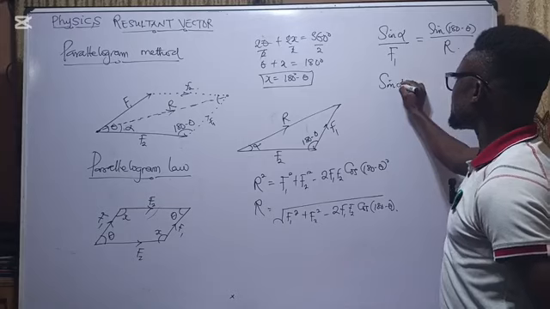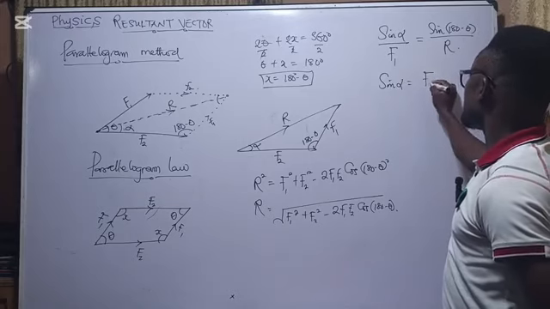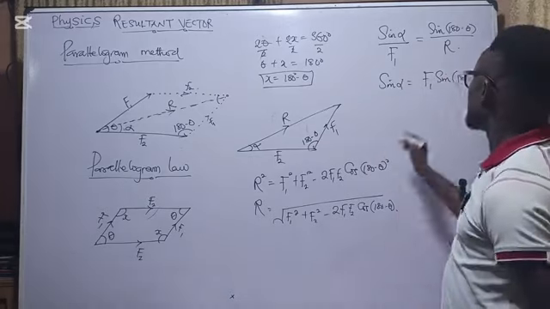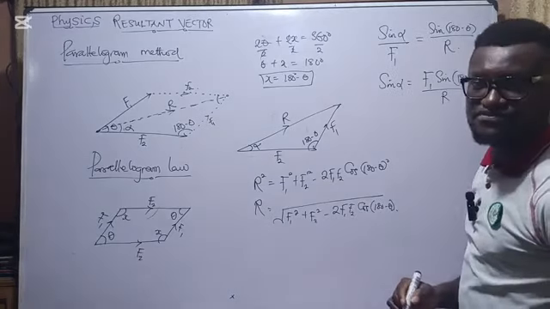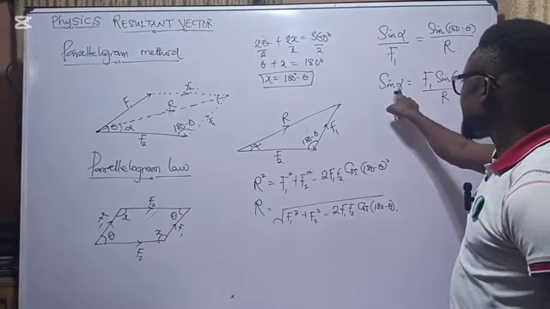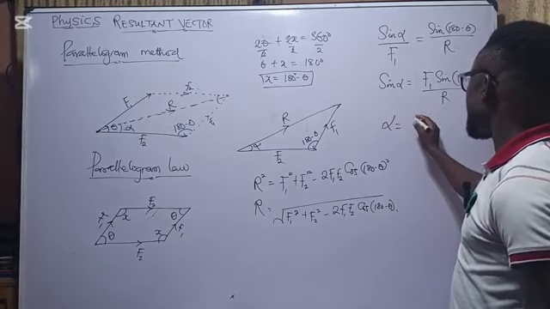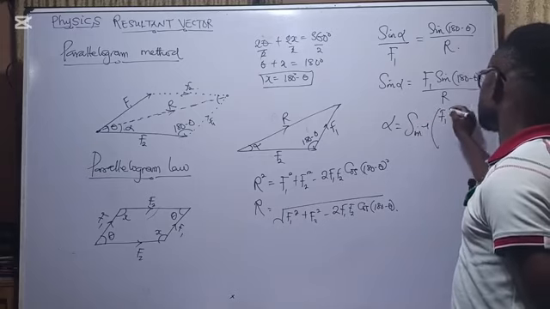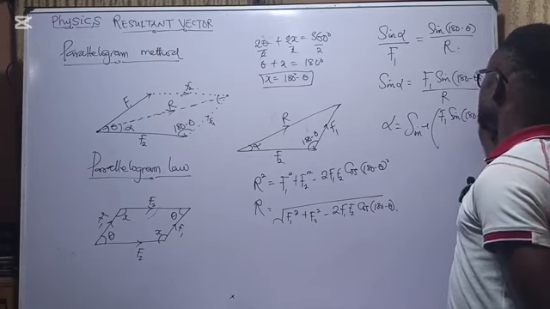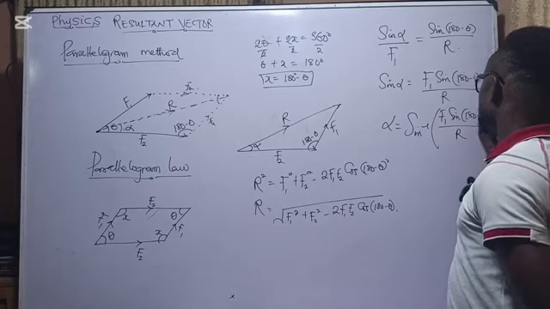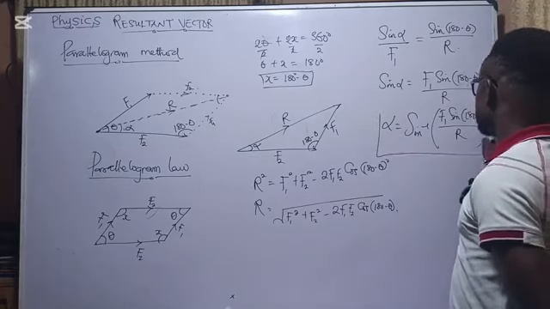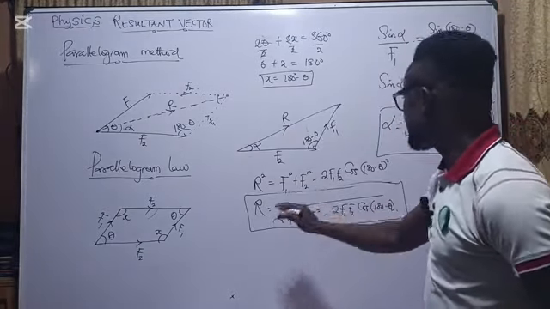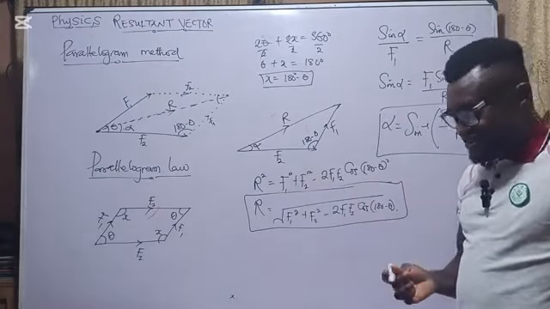We have sine of alpha equal to F1 sine of 180 minus theta all over R. Now, if you make alpha the subject, you have alpha equals sine inverse of F1 sine of 180 minus theta all over R. That gives you the direction. So this one is the magnitude, while alpha is the direction.